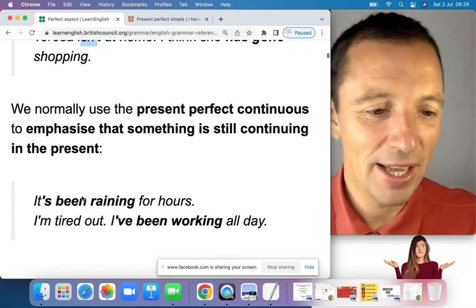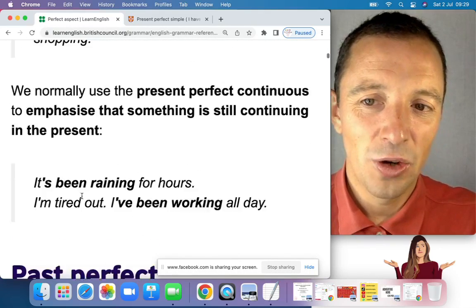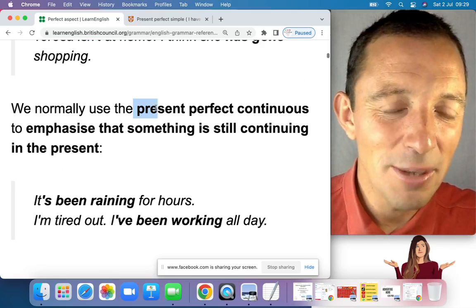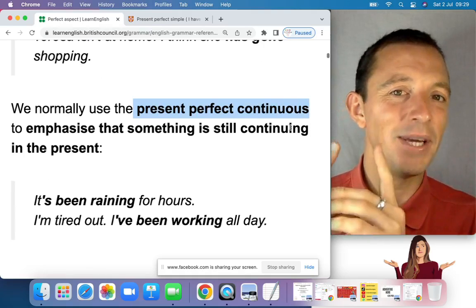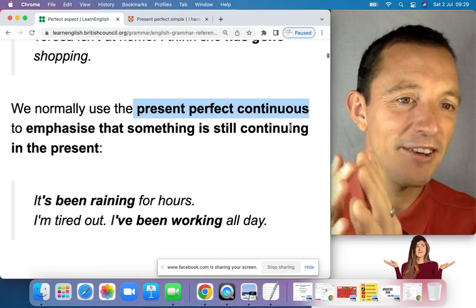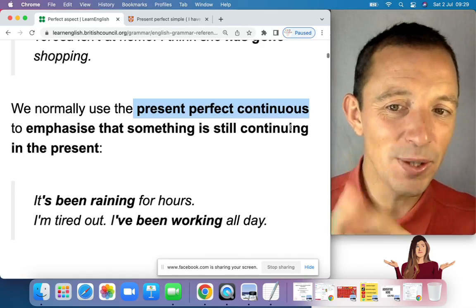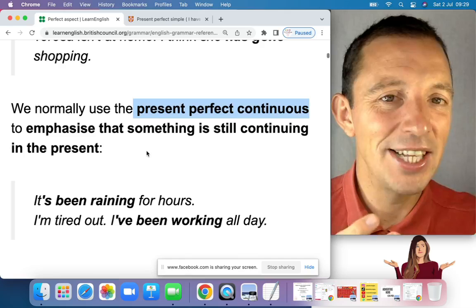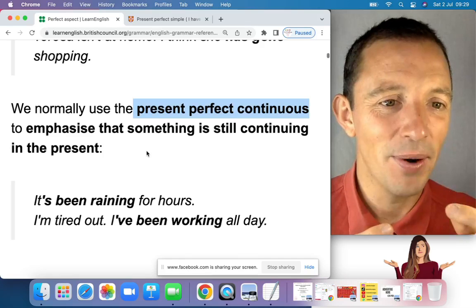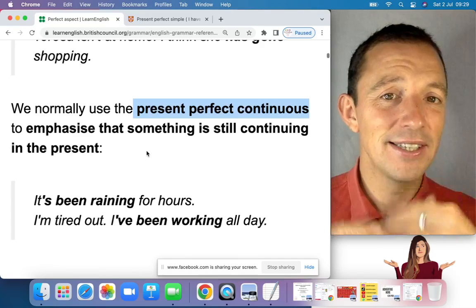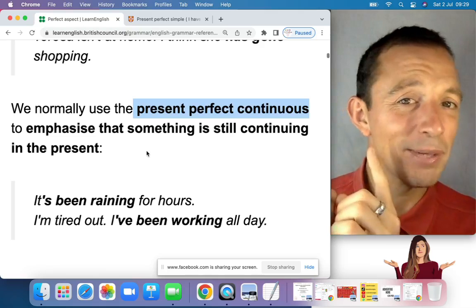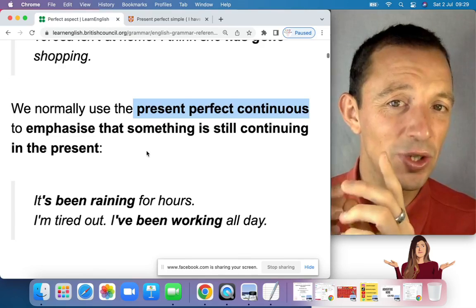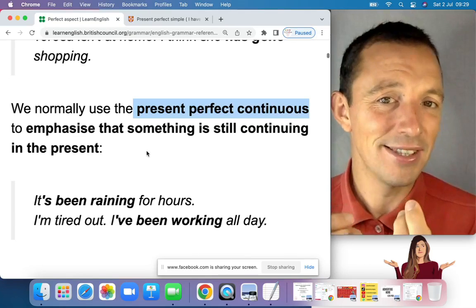Okay, next. We normally use the present perfect continuous, have been eating, have been going, have been talking, to emphasize that something is still continuing in the present. So for emphasis, we typically use the present perfect continuous to say something continues in the present.